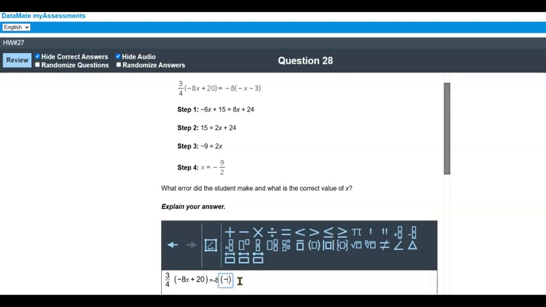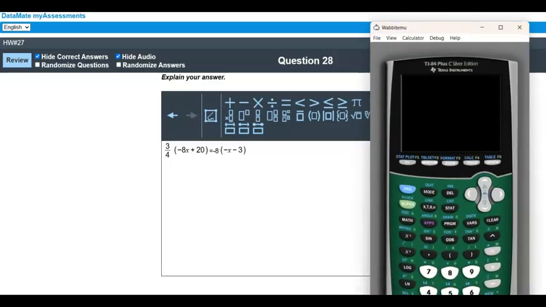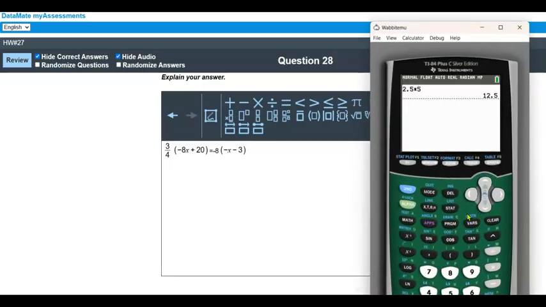parentheses, negative x minus 3, then pressing enter, and I'm going to use my calculator to compute here. I'm going to use the fraction button 3/4. I'm going to multiply it by negative 8, so that's negative 6, and then again 3/4, but this time I'm going to multiply it by 20.